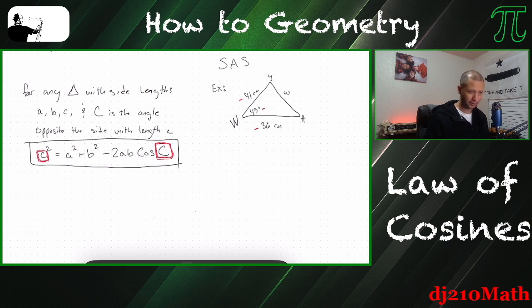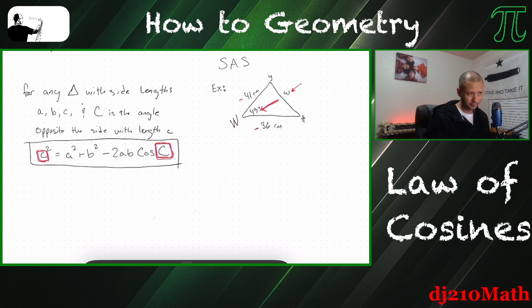If you look at the picture, here we're solving for little w. Little w is across from the angle that we know, 49 degrees, which is big W.